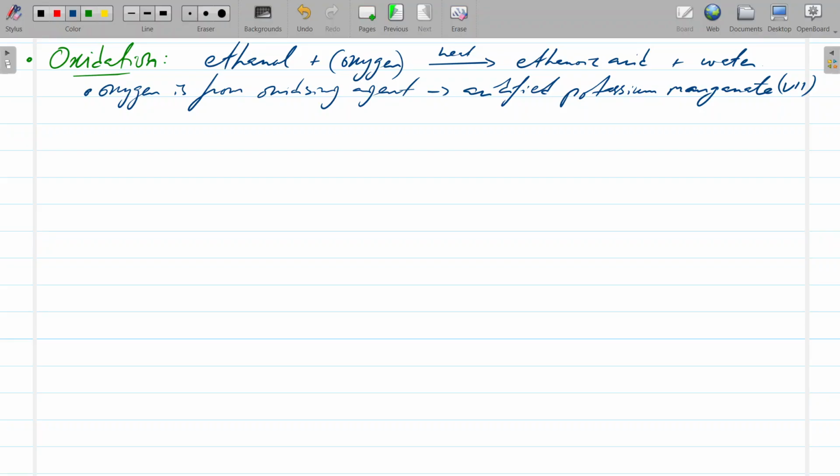Okay? And so what's happening, if you draw this out, you have ethanol. So you got this guy, and it is reacting with 2 atoms of oxygen. And then what you're getting is ethanoic acid. So it still has 2 carbons.